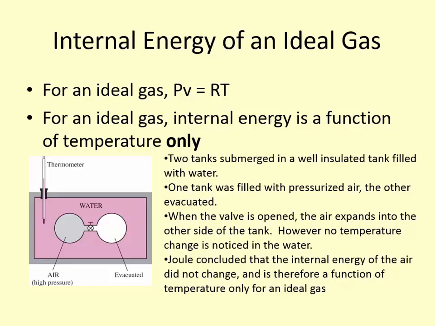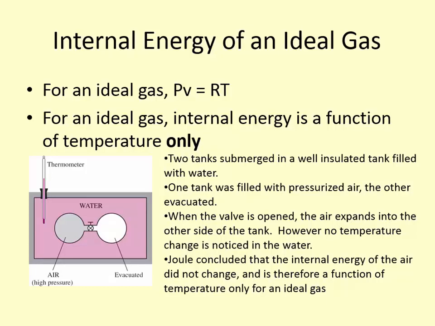So the air, although it's moving from one chamber and filling the evacuated side, for an ideal gas, the internal energy is only a function of temperature. So when the pressure equalized, there was no change in the water temperature, which meant that there was no heat transfer that occurred, which meant that there was no change in internal energy.